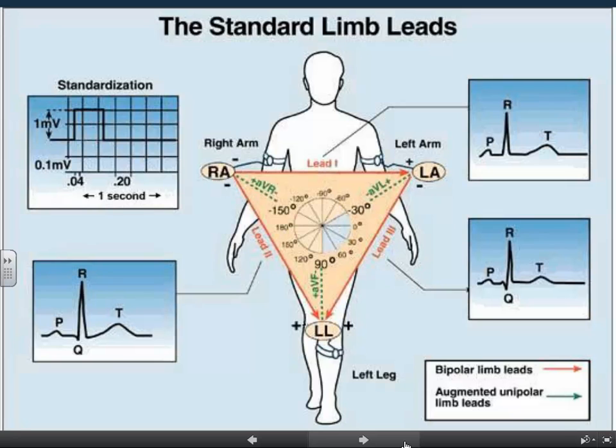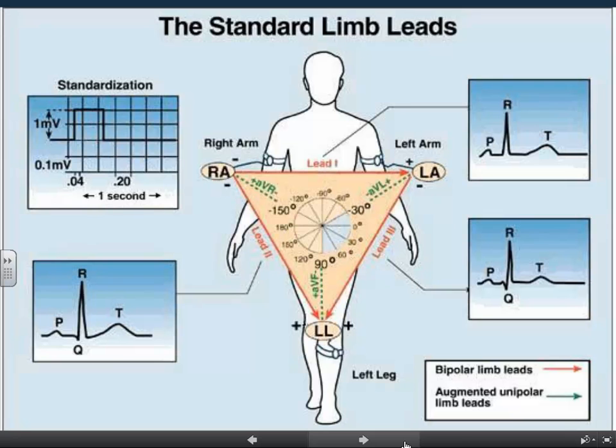So your first 6 leads that you look at on a 12 lead are going to be your limb leads. Leads 1, 2, and 3 form what? Einthoven's triangle. All right. Where is the positive electrode in lead 2? Your left leg. So lead 2, if we're looking at the normal electrical pathway of the heart, that's why lead 2 can identify lethal rhythms quickly.